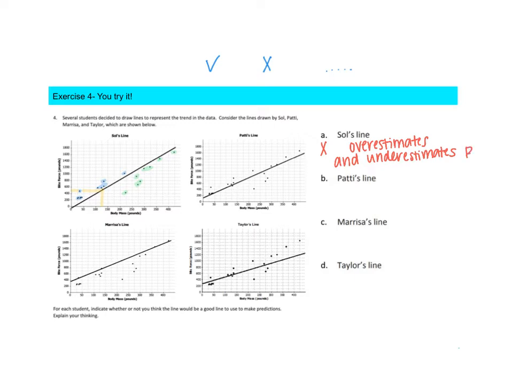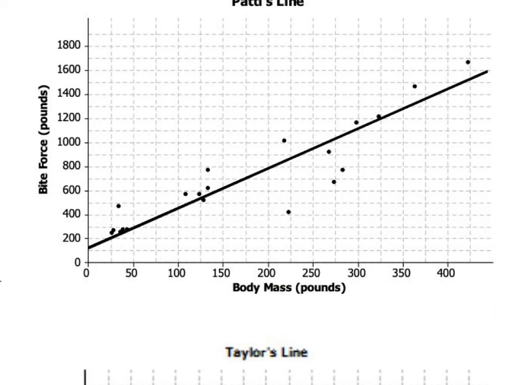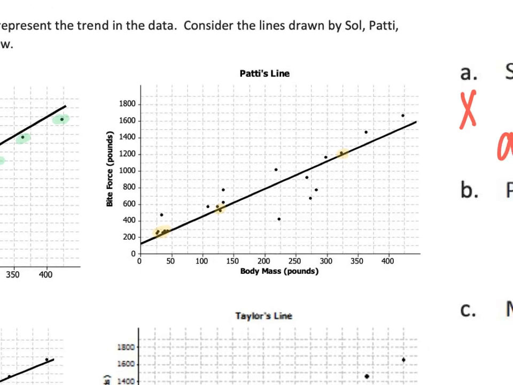I'm just going to put BF for bite force. Okay. Moving on to Patty's line. Looking at Patty's line, I would say that this one is a very good line of best fit. We have a lot of points right here that are right on the line that would be predicted right here, right here. So we went through as many points as I think possible.